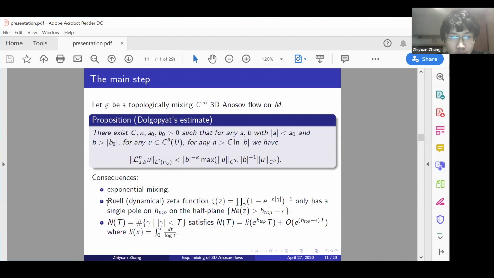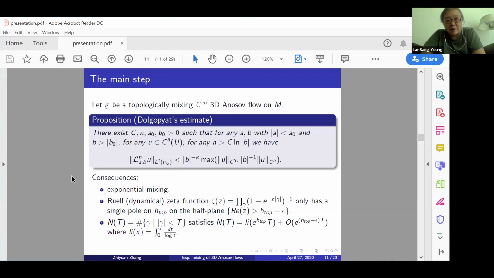Then the second item should be a consequence of the Dolgopyat estimate, but this is established in the paper of Pollicott and Sharp. In that paper, they studied C1 functions, and this is a C1 function, but probably the same thing will work out.